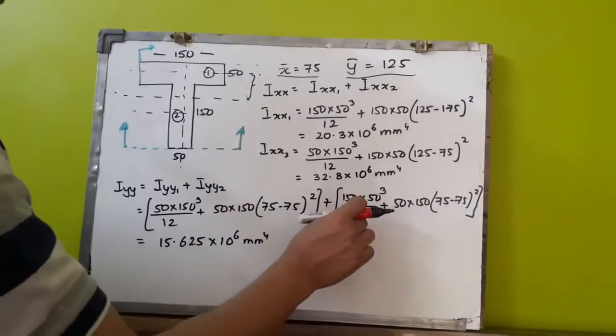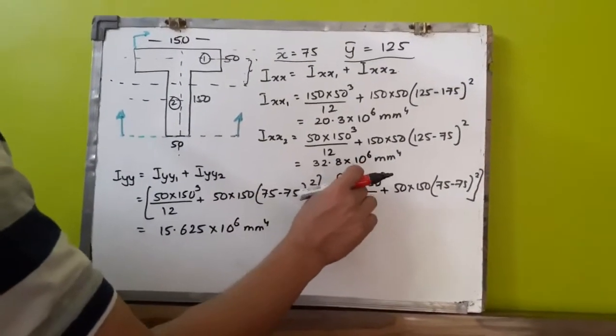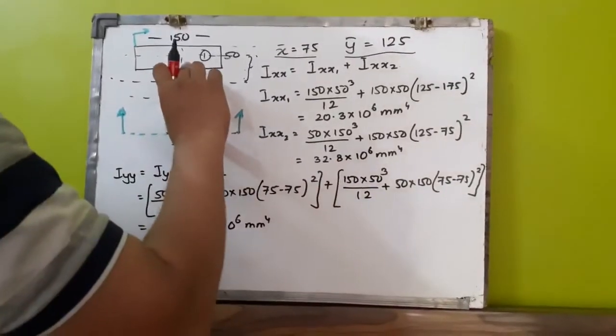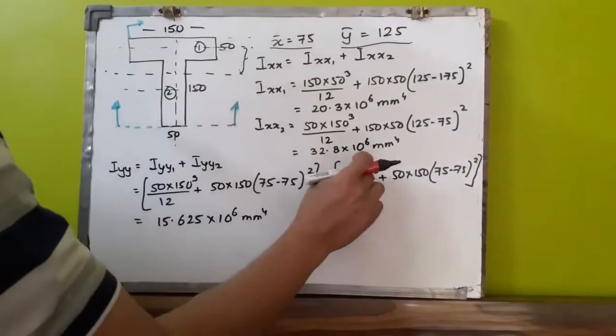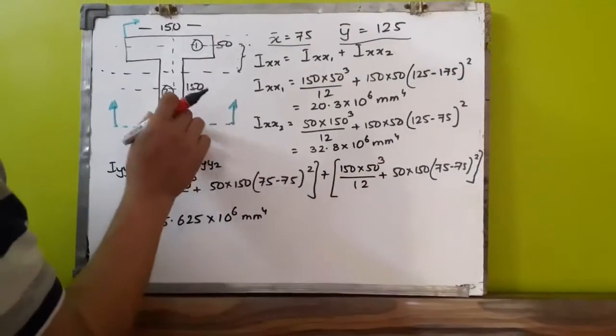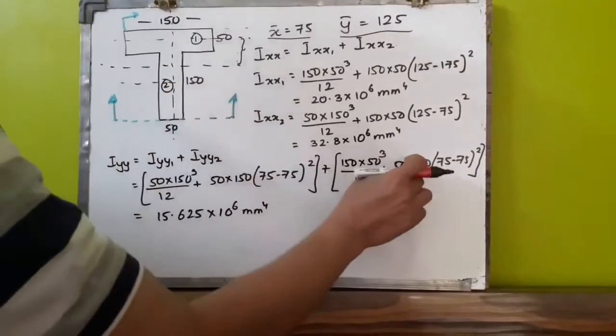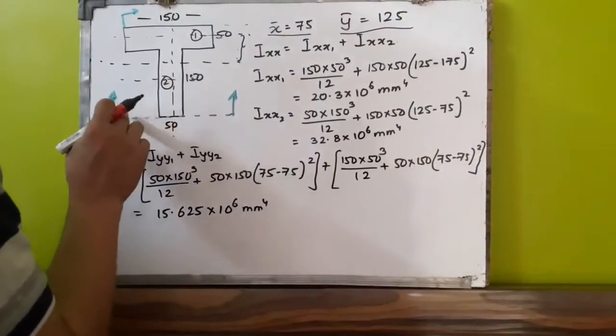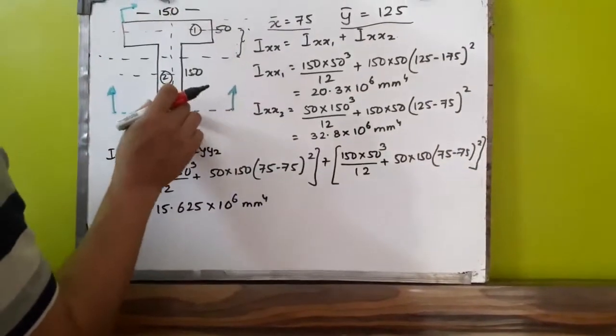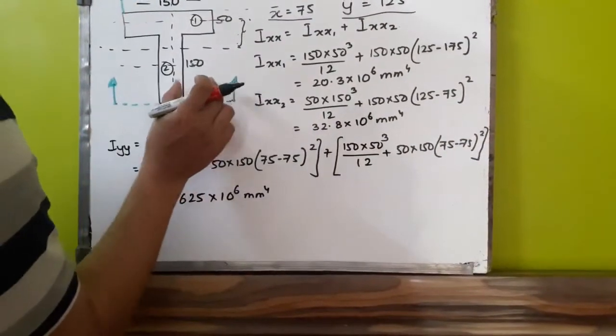Similarly for Iyy2, this is db cube by 12, where d is 150 and b is 50, so this is 150 into 50 cube by 12 plus the area of this, 50 into 150, multiplied by, from here this is 50, this is 50.